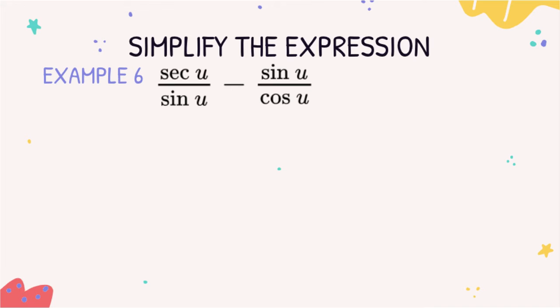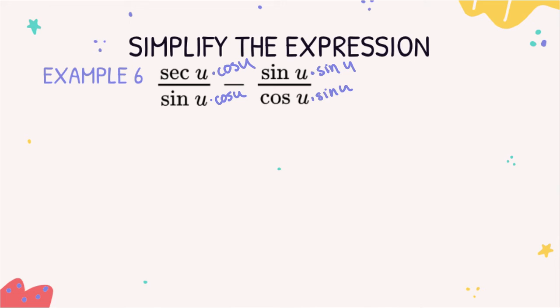The only way to get a common denominator is to multiply sine u by cosine u, and that numerator by the same thing, just to keep it balanced, and multiply cosine u by sine u, and the numerator by the same thing to keep it balanced. And so we can bring that down.